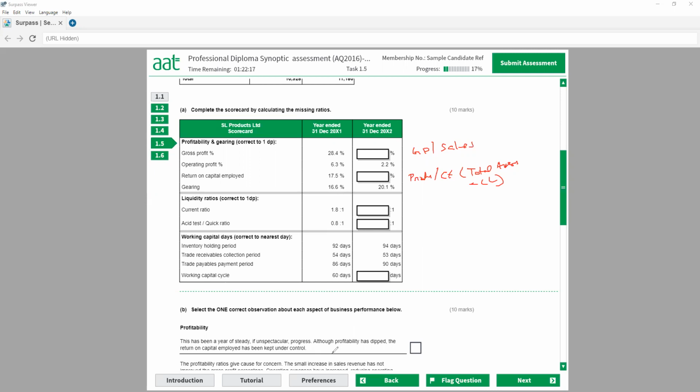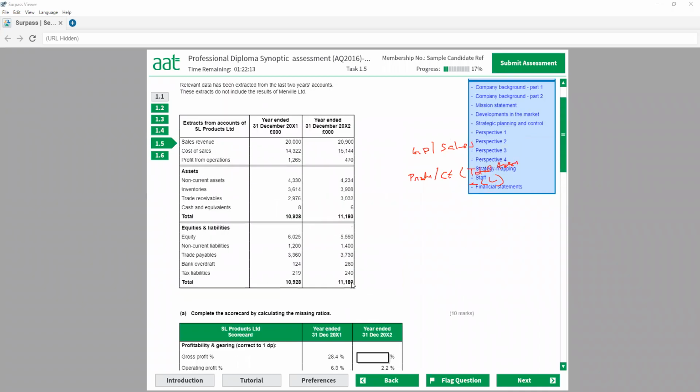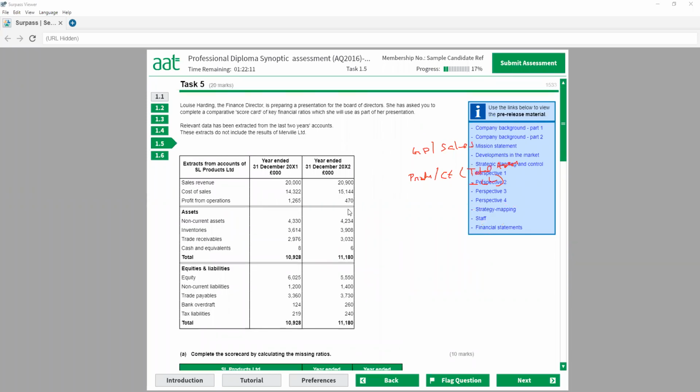So let's have a look at this one, how much profit we have. You can see the profit from the operation is 470, and from here we can see the total asset we have is 11,180, and we have to minus the current liability.